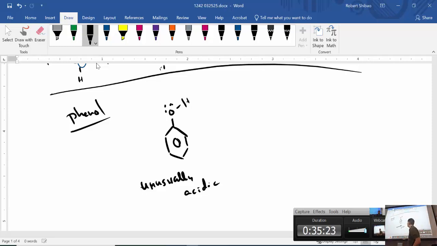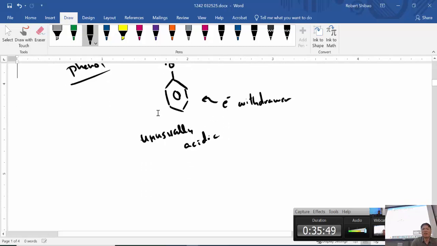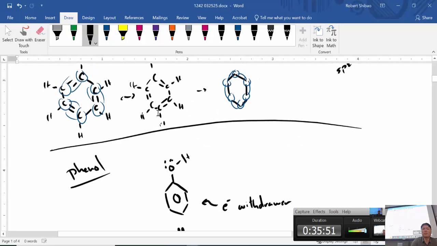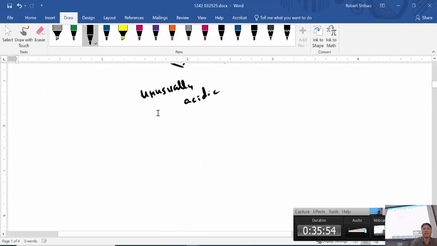No. It's not because it's more red, because this is kind of electron rich, right? But the weird thing is that even though it's electron rich, the benzene ring is considered an electron withdrawer. The way we can see that is that it's an electron withdrawer because of resonance delocalization.